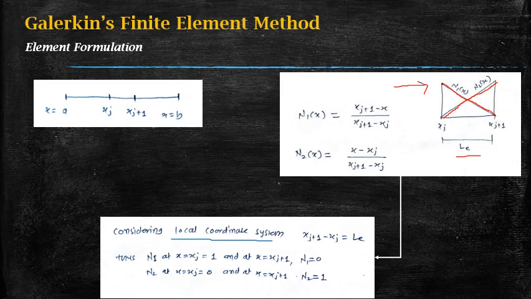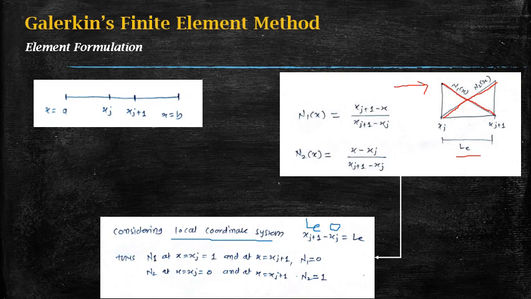Simply what I am doing is substituting 0 at xj here, and I am substituting le here at xj plus 1. So as x varies from xj to xj plus 1, in our local coordinate system it varies from 0 to le, where le is the length of the element. So 0 to le is your local coordinate system.